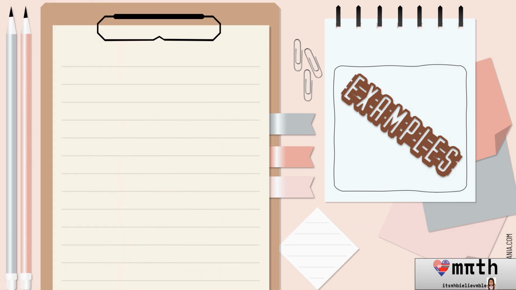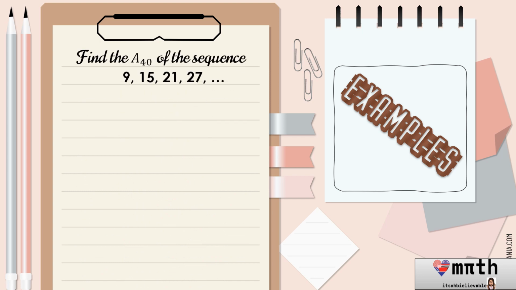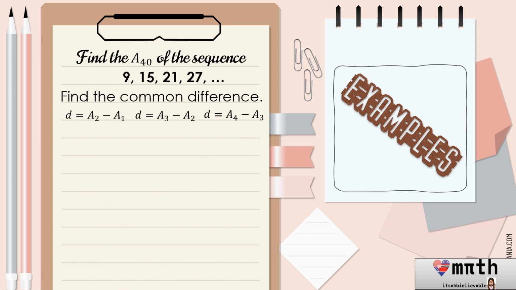Let's have more examples. So for example number 2, find the a sub 40 or the 40th term of the sequence 9, 15, 21, and 27. So again, let us first get the value of our common difference. So a sub 2 minus a sub 1, that is 15 minus 9.